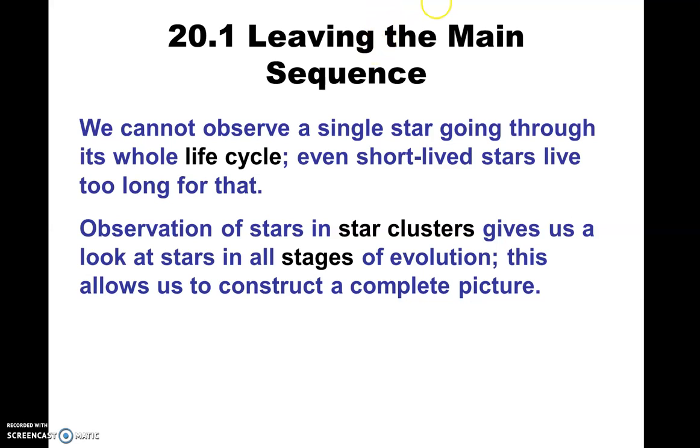If we can't watch a single star evolve, what we do is we look at star clusters, groups of stars that were born at the same time. When they were born at the same time, some stars had more mass, some stars had less mass, and so we look at the star cluster and we look at all those stars on the main sequence, and that will give us a picture of the evolution of stars.